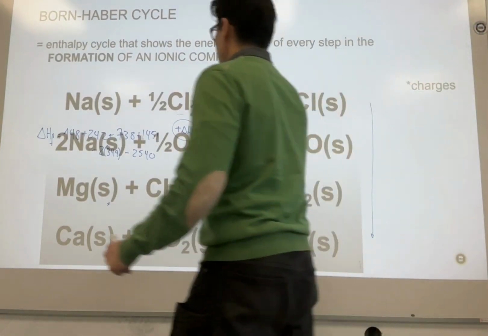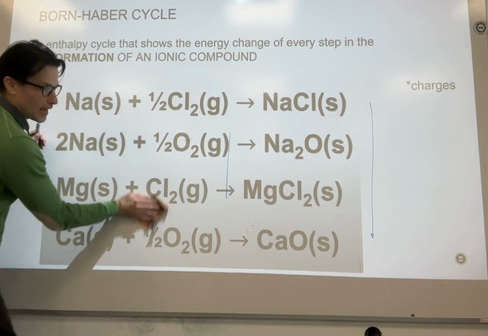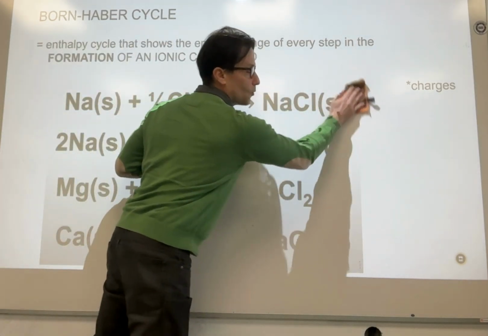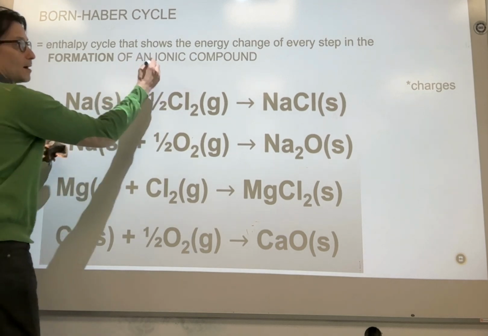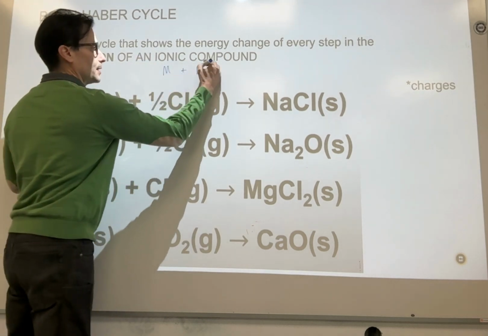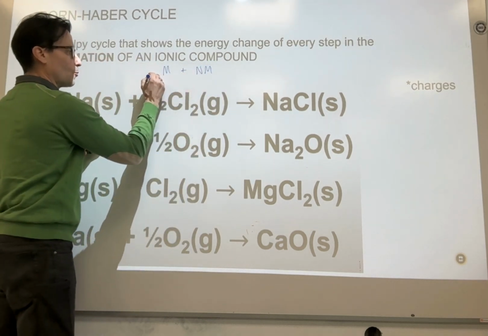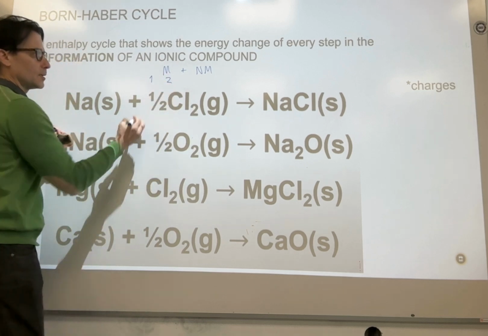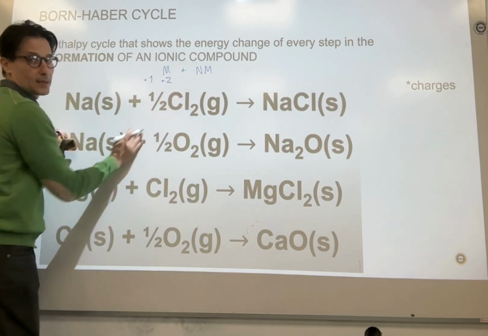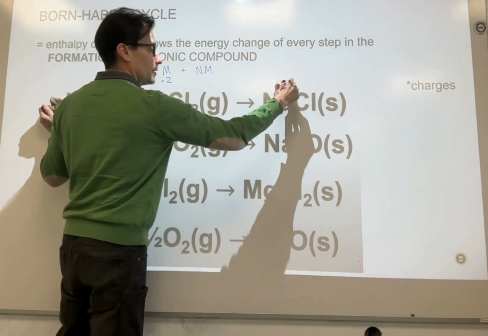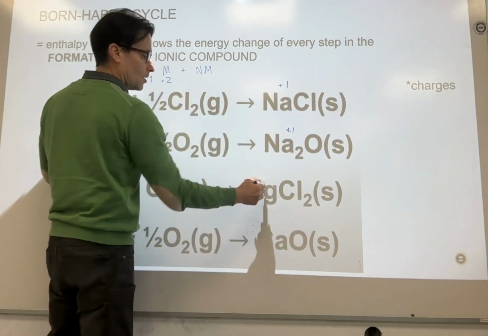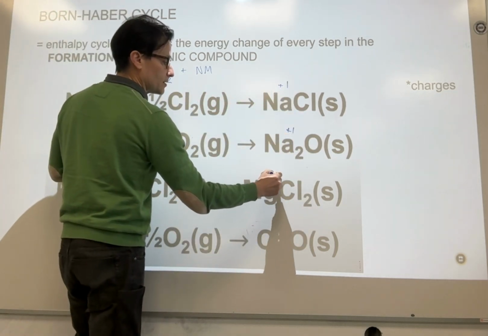Right? So let's talk a little bit more about stuff. Which ones do you have to know this for? They're going to ask you Born-Habers for any metal. It's an ionic compound, so it's going to be a metal plus a non-metal. Any metal from group 1 or group 2, in other words, ones that have a positive 1 or a positive 2 charge, like sodium, which ends up having a positive 1, or magnesium, which has a positive 2.